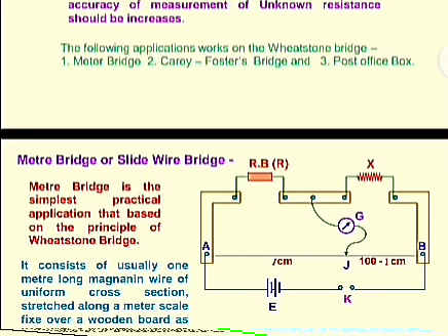How can we find the unknown value of the resistance by using this meter bridge? Dear students, first of all we connect the electric circuit as shown in the figure, and a suitable resistance R is taken from the resistance box.